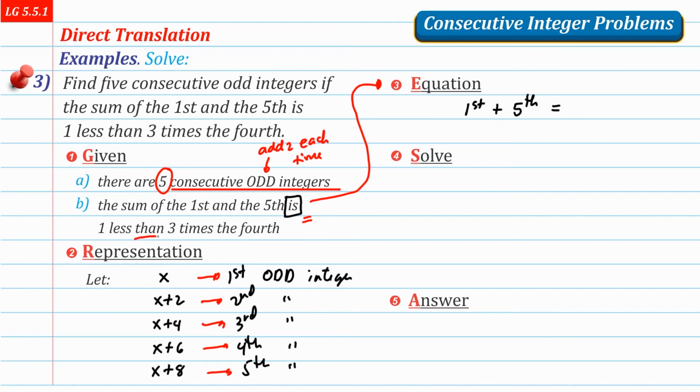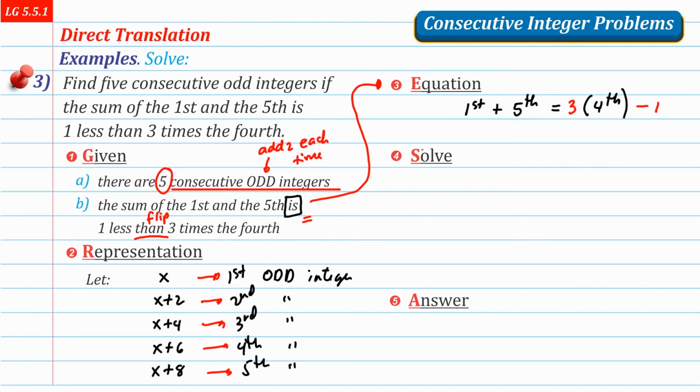What does "than" mean? You flip it. So, 1 less than 3 times the fourth. That is our second condition, so we translate directly.